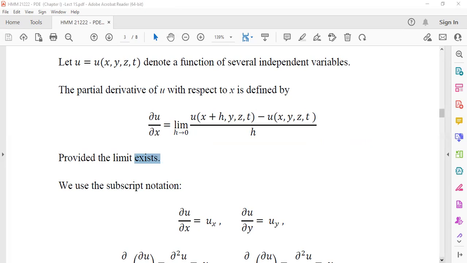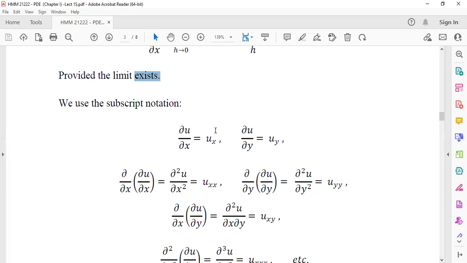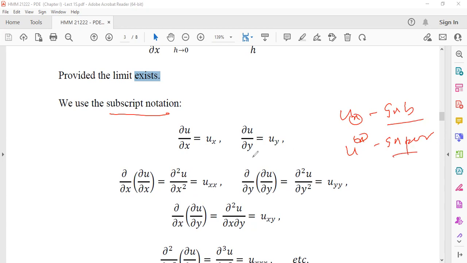Next, we'll use some notations for ease. Some books use a subscript notation. Subscript means the down part, like this. If it is up, we call it superscript.